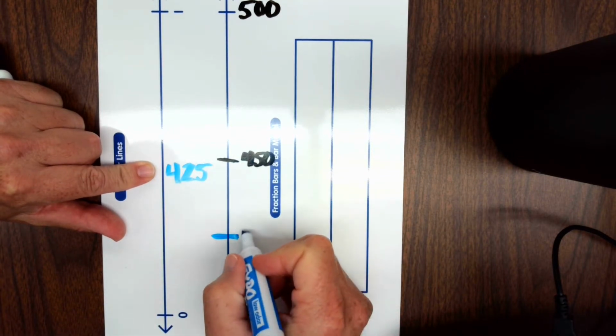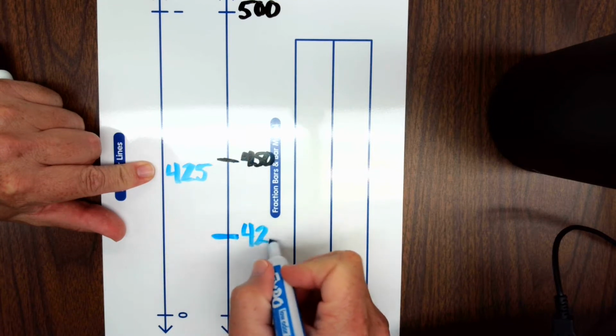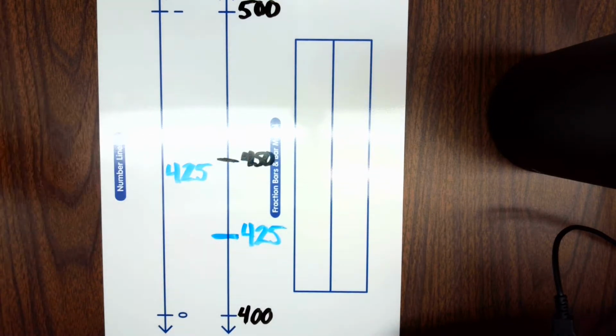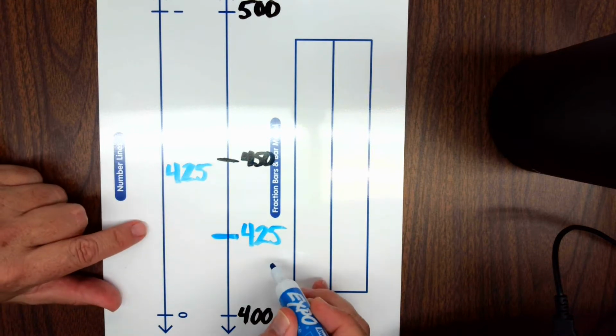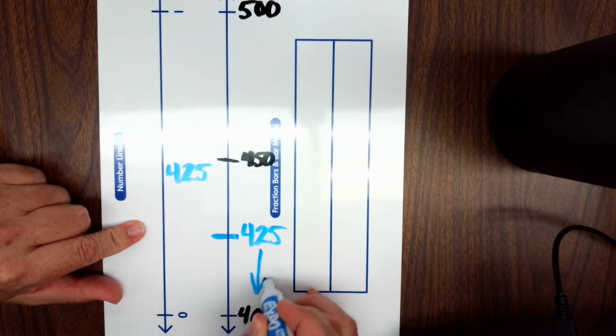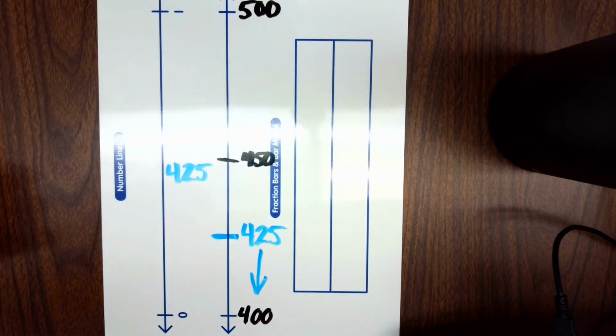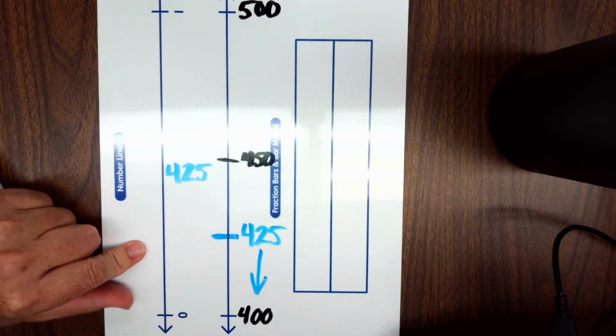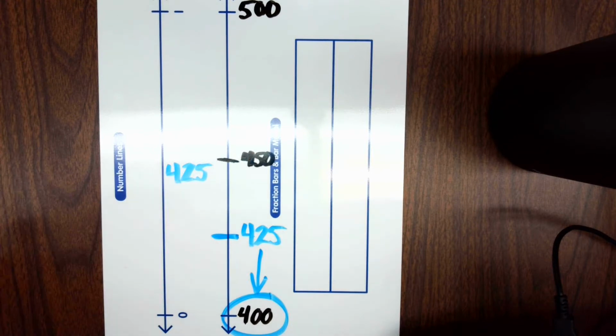Then we will label this 425. And because we can see that it's closer to 400 than it is to 500, when we round, we're going to round 425 down to 400. We're going to look at another couple ways to do this.